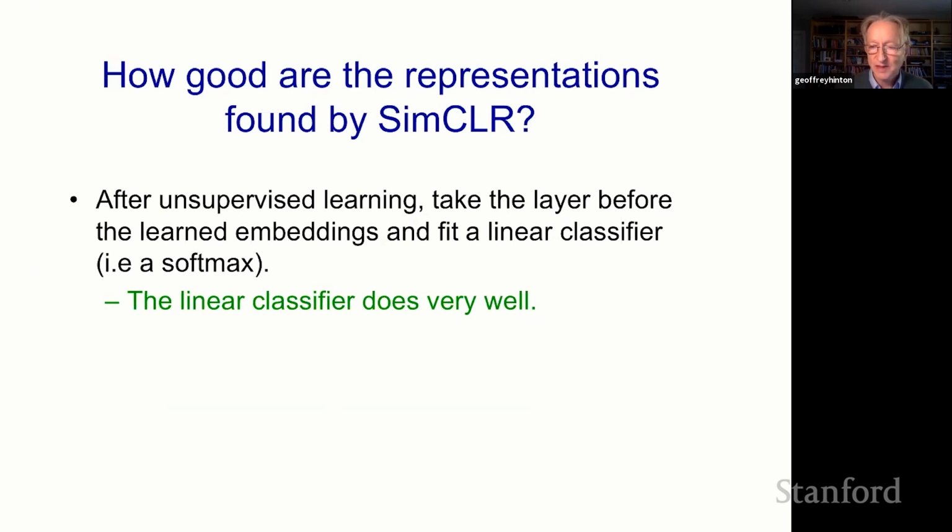And then you train that by gradient descent. And what you discover is that that's just about as good as training on labeled data. So now the only thing you trained on labeled data is that last linear classifier. The previous layers were trained on unlabeled data, and you've managed to train your representations without needing labels.